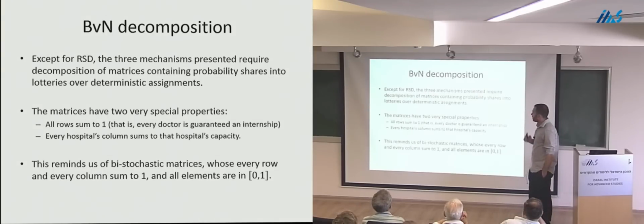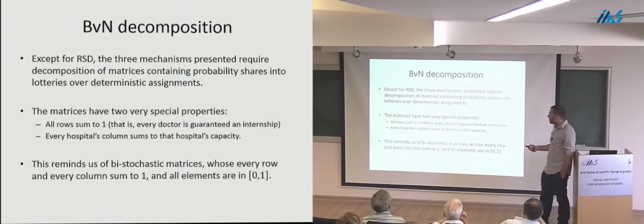Let me tell you about the Birkhoff-von Neumann decomposition, because as I said, it was important. I used it 3 times already in the lecture, and I didn't say anything about how you do that. What we had in each of the cases are matrices in which the rows sum to 1, meaning that every doctor gets assigned somewhere, and the columns sum to the hospitals' capacities, right?